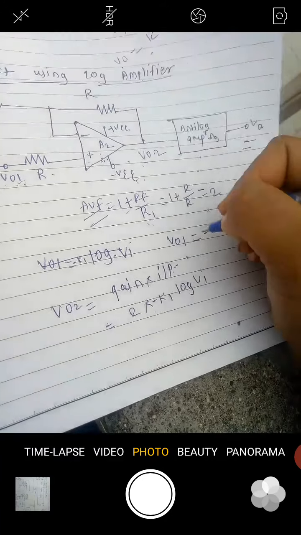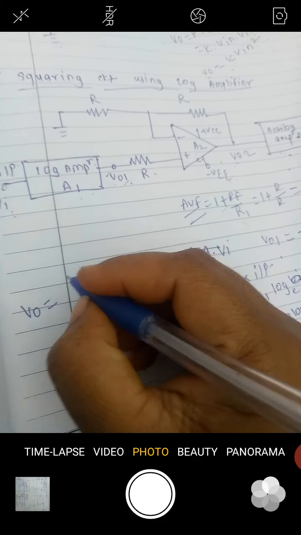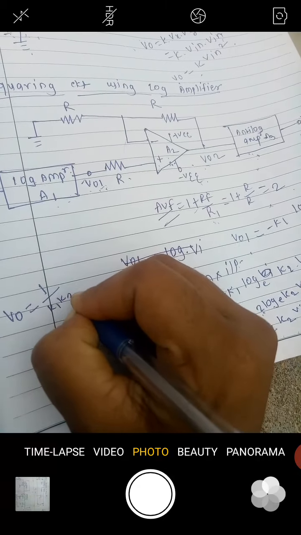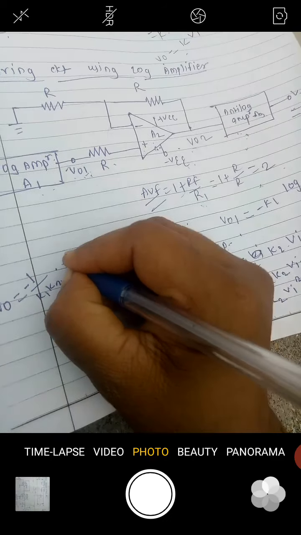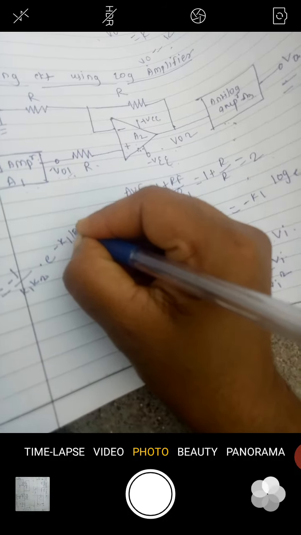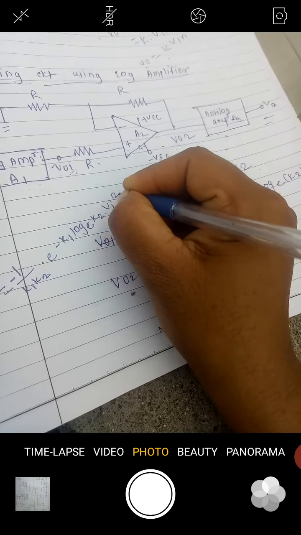Now apply this output at the input of anti-log amplifier circuitry. Output of anti-log amplifier circuitry is V0, and V0 is equal to 1 upon K1 K2, minus 1 upon K1 K2 into E raised to minus K1 log E K2 into Vi square.